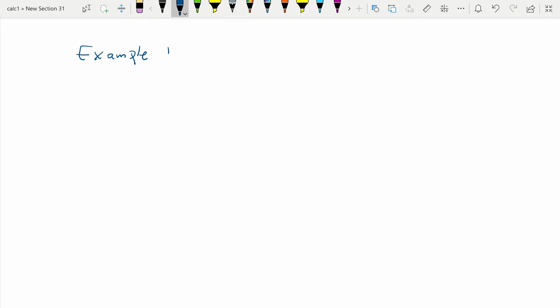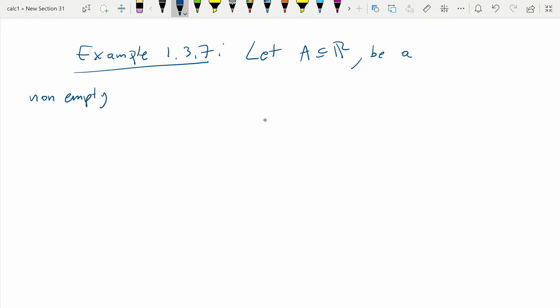This is example 1.3.7. So let A be a subset of the real numbers, a non-empty set, and bounded from above.